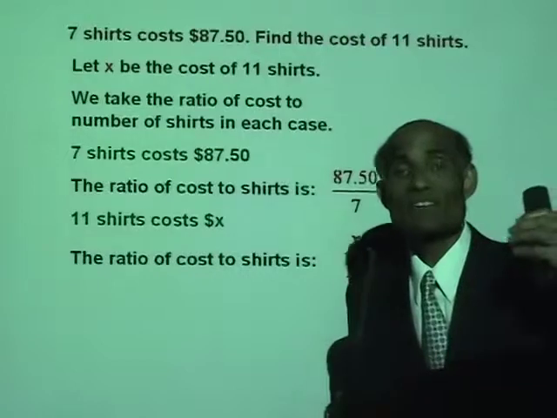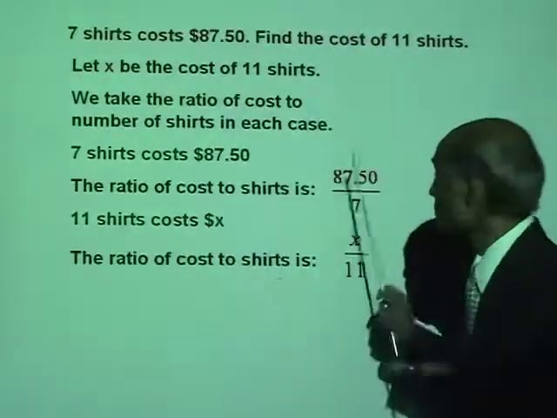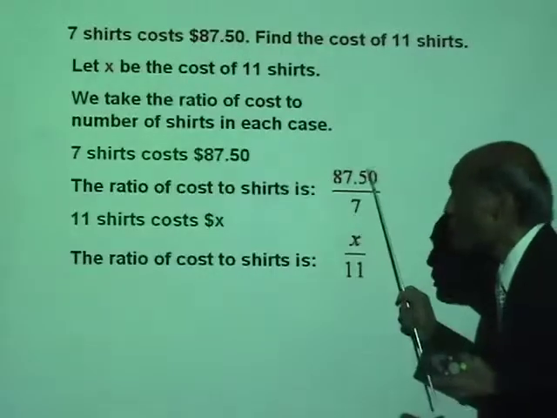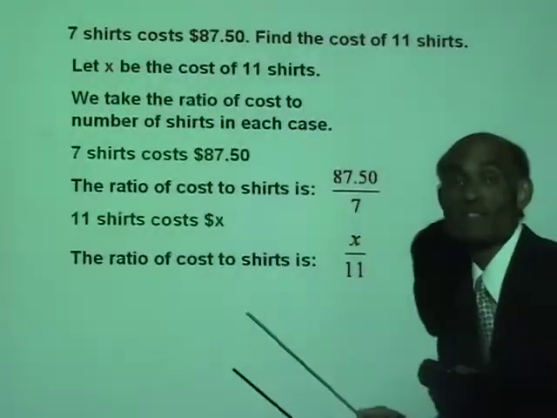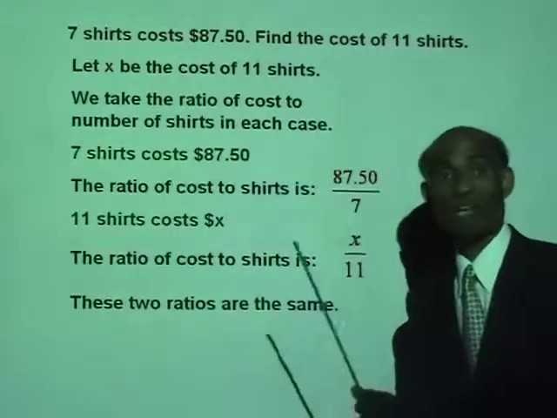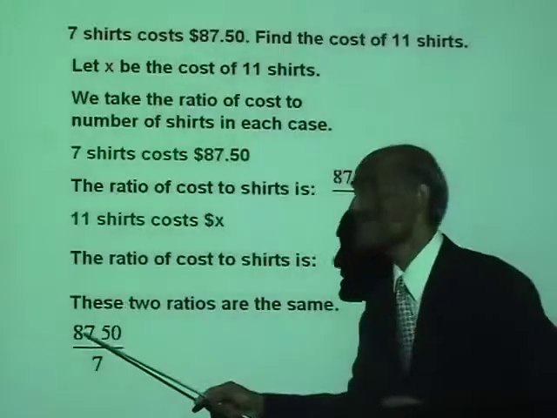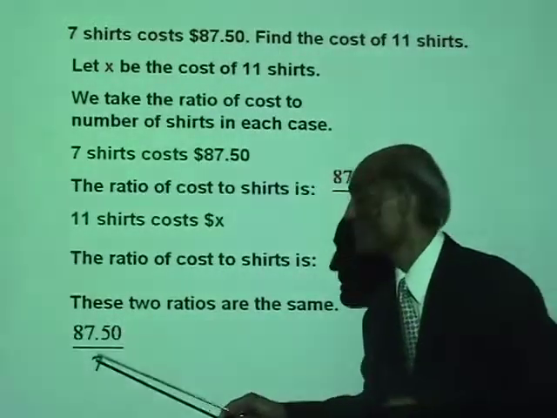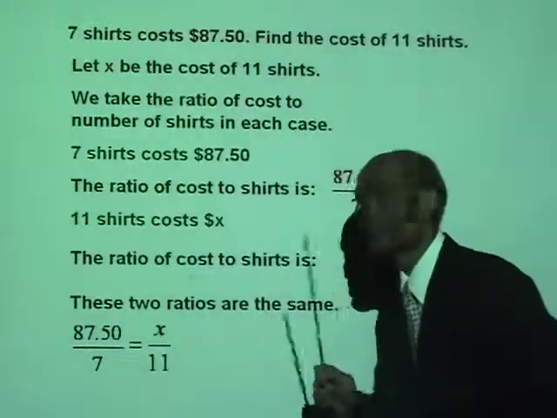It represents the cost per shirt. This is cost per shirt. This is also cost per shirt, and therefore they are both equal. So let's put them equal to each other. 87.5 divided by 7 equal to X over 11.